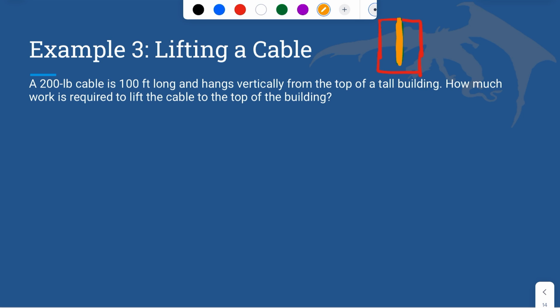Okay, the orange does. Well, let's just assume we have a cable that is hanging vertically, and the amount of force required actually decreases the more it is lifted. And why is that? That's because there's less weight of cable hanging below as you lift it.